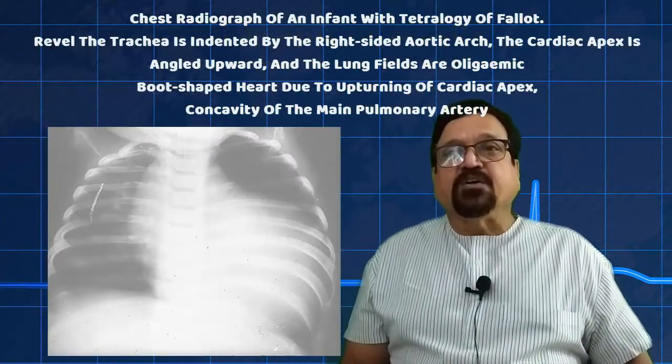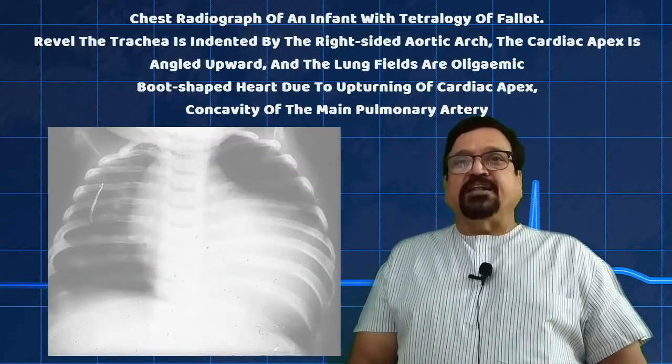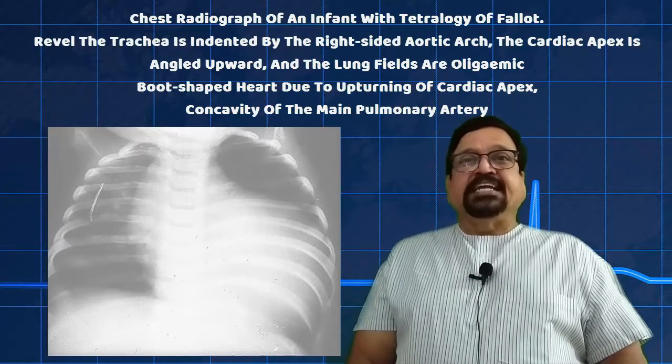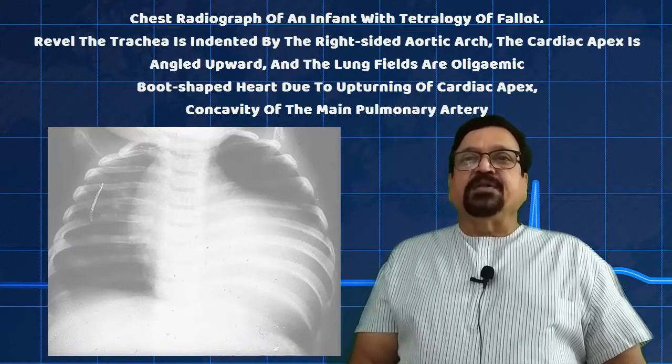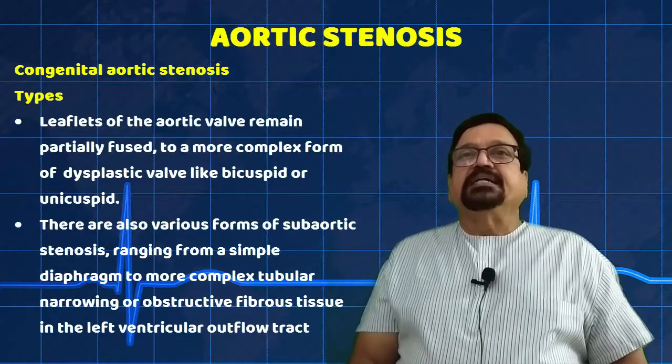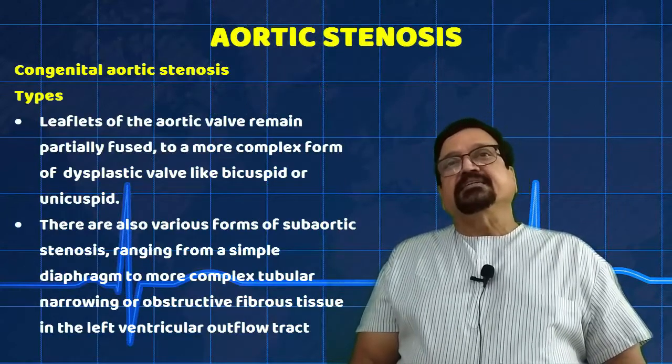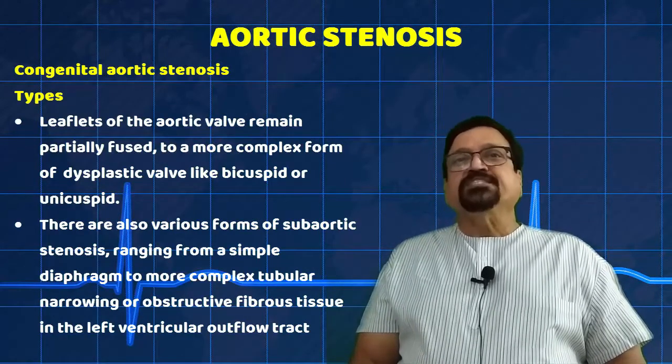Now this is a chest radiograph of an infant with tetralogy of Fallot. It reveals the trachea is indented by the right-sided aortic arch, the cardiac apex is angulated upwards, and the lung fields are oligemic. They are boot shaped. Now these are the cases of congenital aortic stenosis.